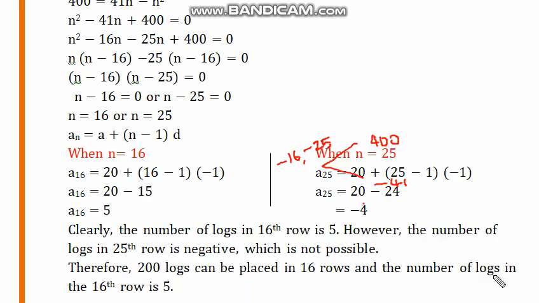The number of logs in the 25th row is negative, so we will not consider this one. So we can place 200 logs in 16 rows, and the number of logs in the 16th row is 5.